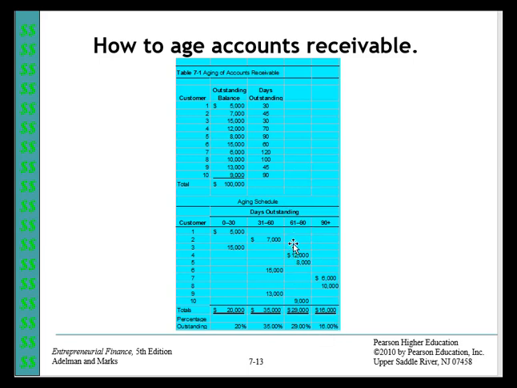61 to 90 days. These customers are still in danger of not paying us. And if you add that up, that's 45% of our money is owed longer than 60 days. That could be a very big problem when we're trying to speed up the receipt of the money. Again, remember, an accounts receivable is an interest-free loan.